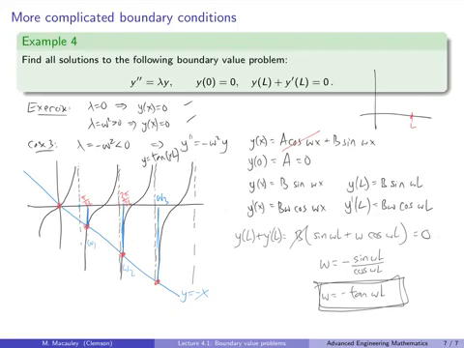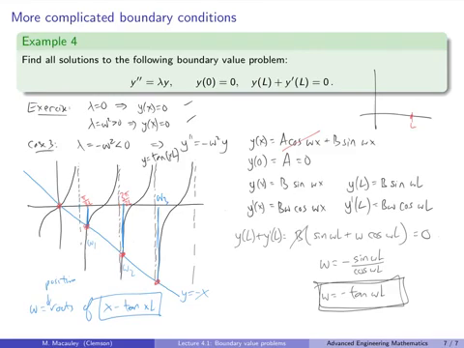So the omegas are, let's say, the positive roots of x minus tangent of xL. I don't think there's a really good way to do this.